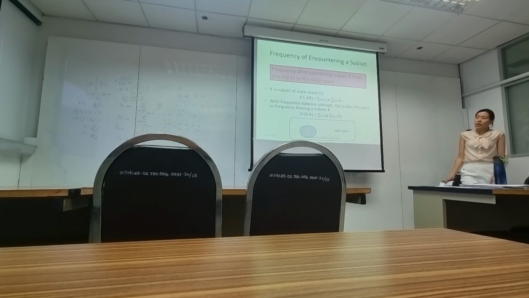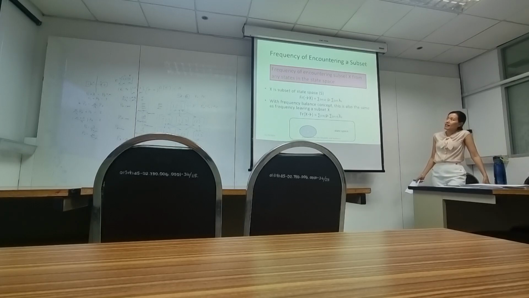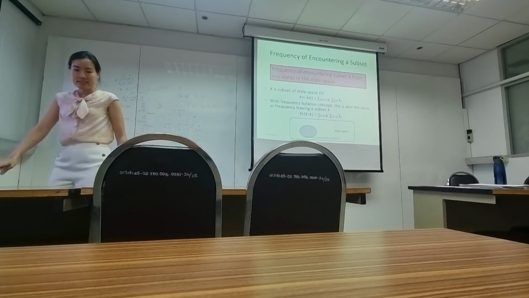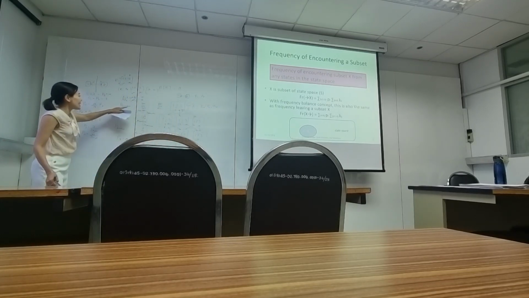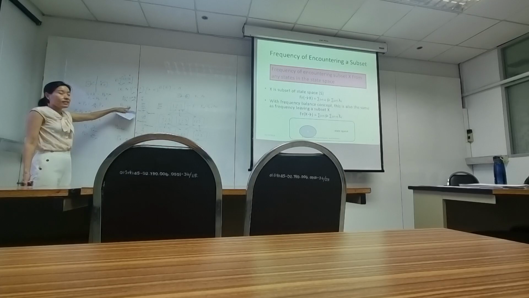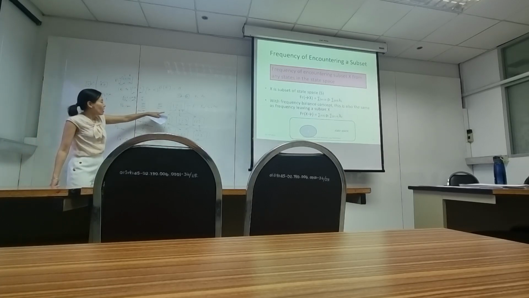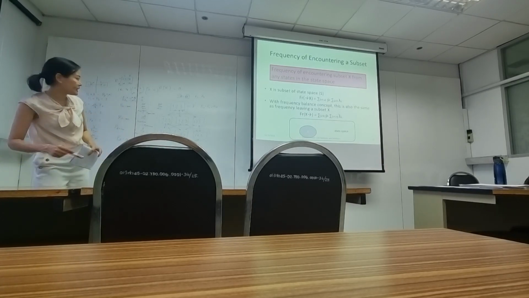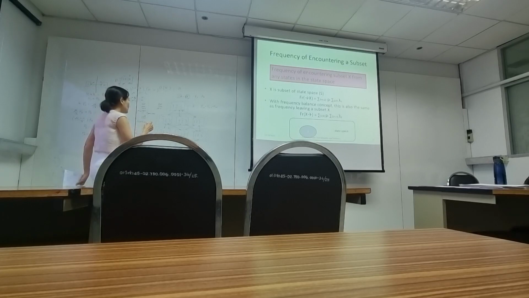Now, the frequency itself has a concept of a subset of the states as well. What it means is we can calculate, this is the frequency of being in 300, the frequency of 200. What we can do is we can have the cumulative frequency. What is cumulative frequency?